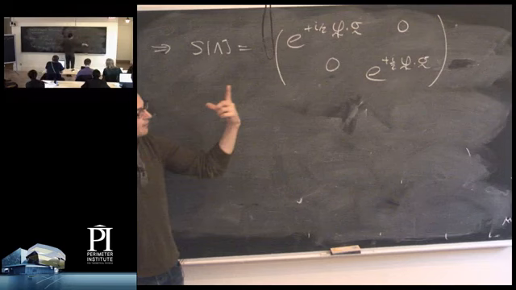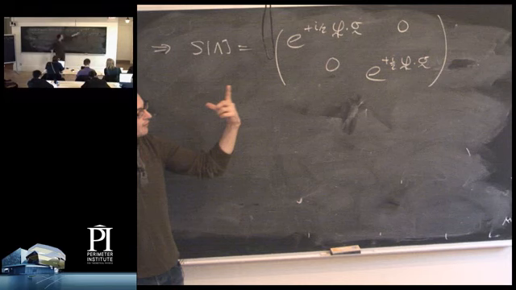So now we just plug it into this formula, and what we get, plus i over 2, is the following matrix. Okay?